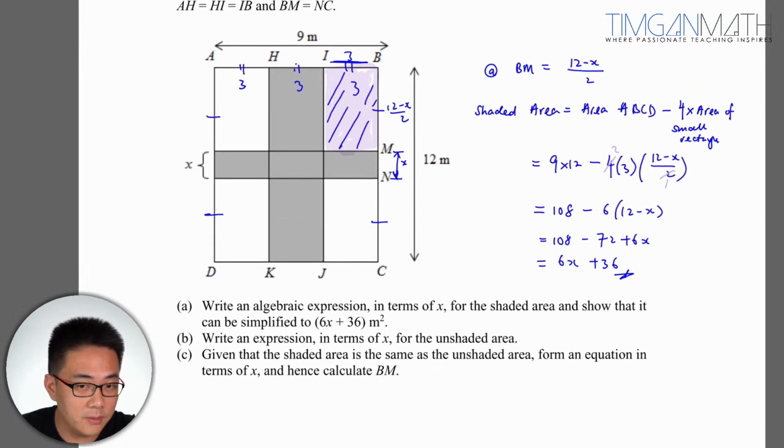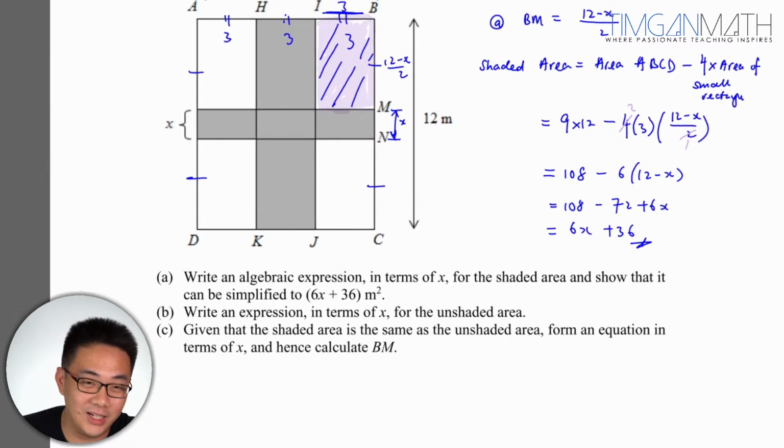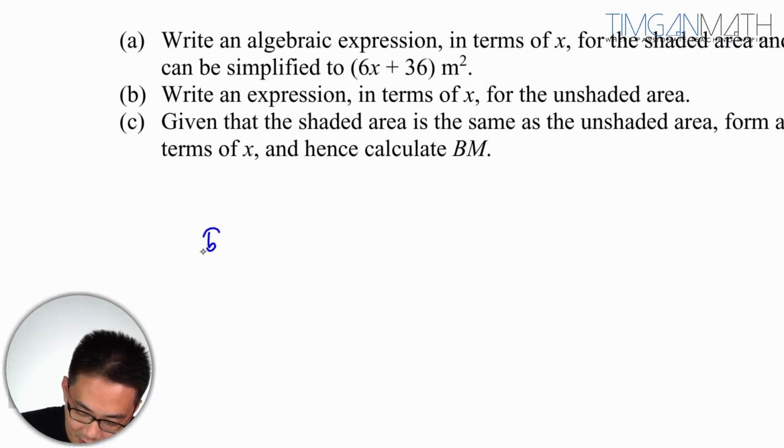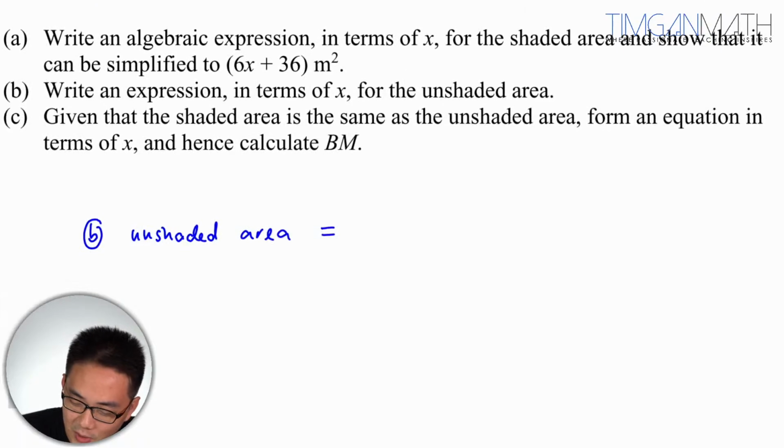Write an expression in terms of x for the unshaded area. For the unshaded area, okay, great. So the shaded area is this. We already found the shaded area, so the unshaded area will be the total area minus the shaded area.